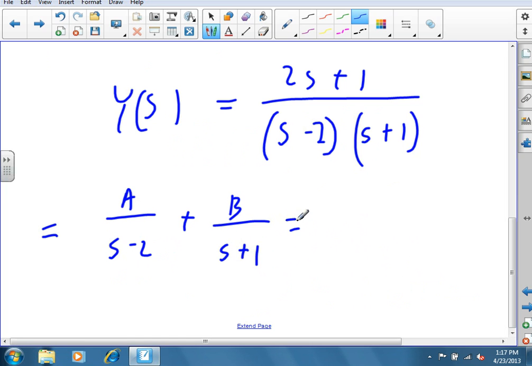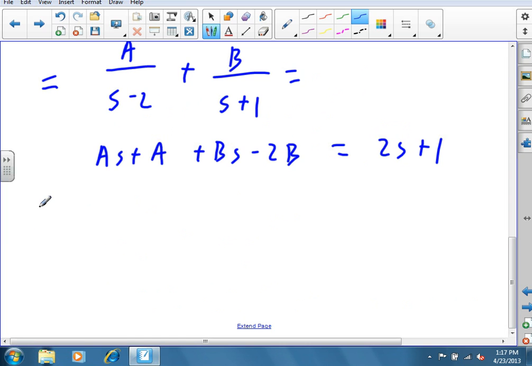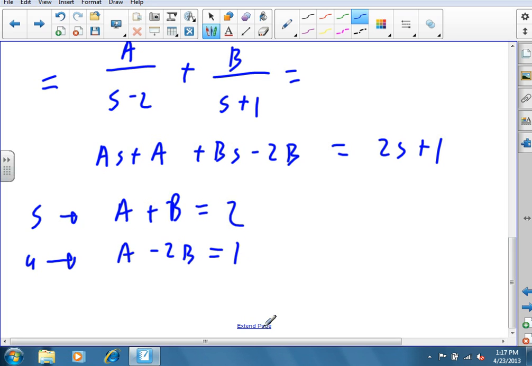Then I find a common denominator and say As plus A plus Bs minus 2B has to equal 2s plus 1. Looking at the s term, A plus B has to be 2, and the unit term, A minus 2B has to be 1.